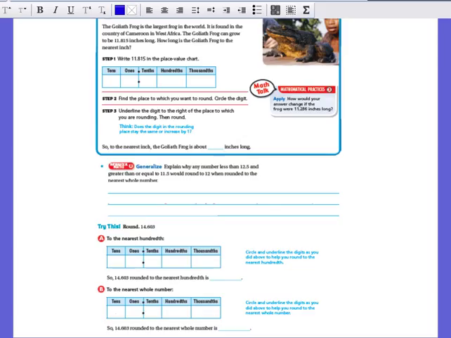So if we would write that in here, we would have 1 tenth, 1 hundredth, 8 tenths, 100ths, and 5 thousandths.